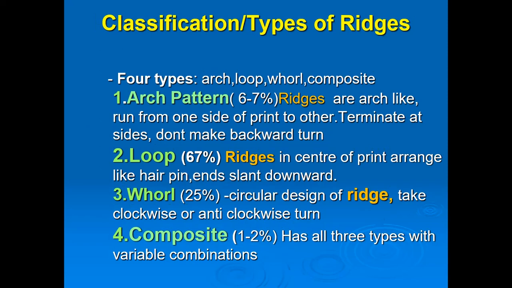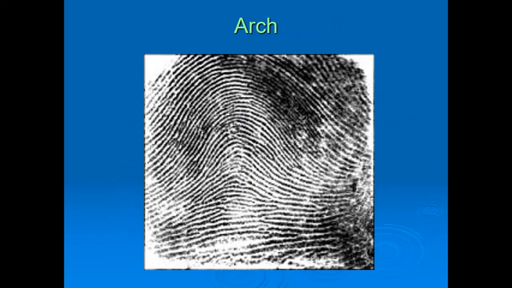There are a few types of ridges. There are 4 types: number 1 arch, number 2 loop, number 3 whorl, number 4 composite. The arch pattern, this one is an arch. You can see it looks like an arch. It's elevated in the center and coming down on the sides like an arch.